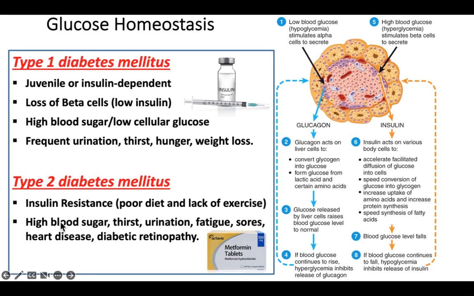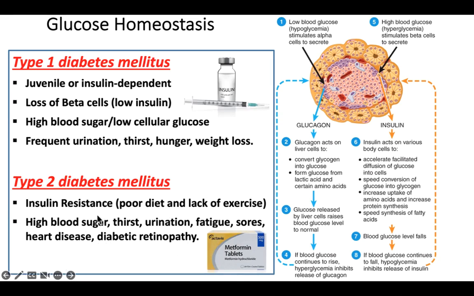What results? High blood sugar, thirst, urination, a lot like type 1 diabetes. But there's often a lot of other major problems because, again, this is a chronic disorder where it's happened over a long period of time, and it can lead to sores, diabetic sores, heart disease.